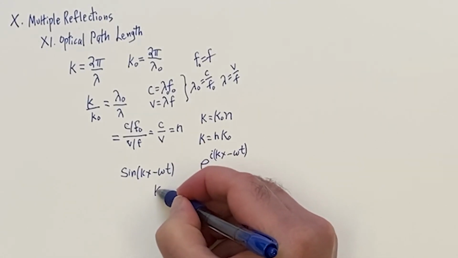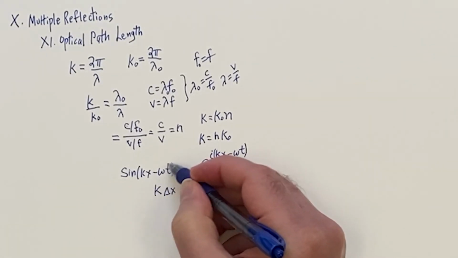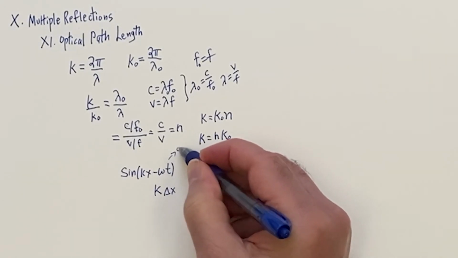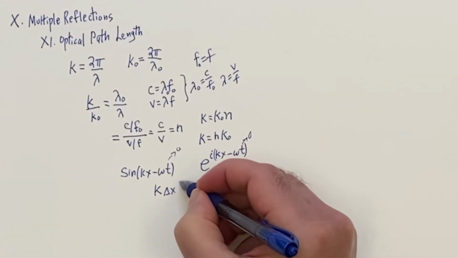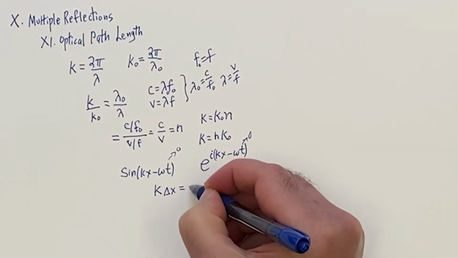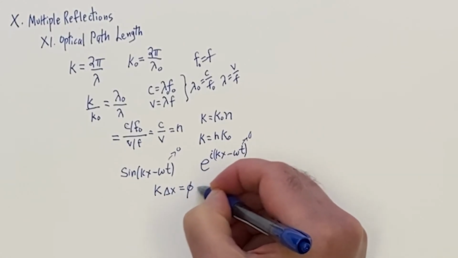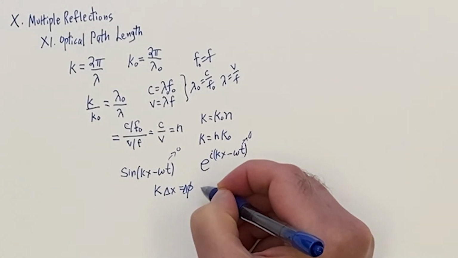So if you went k times some delta x, and just keep t constant for now, let's just say t is 0, freeze everything, then this would be the change in the phase, delta phi.